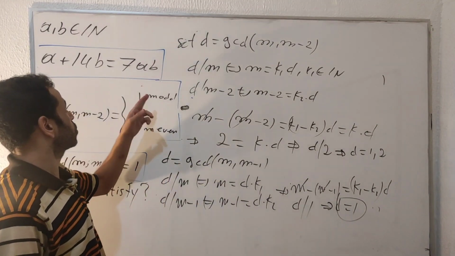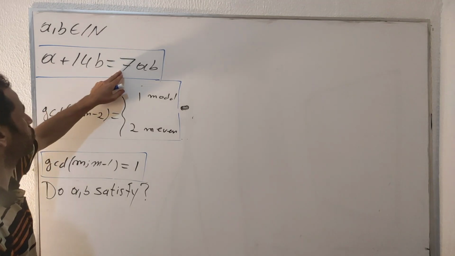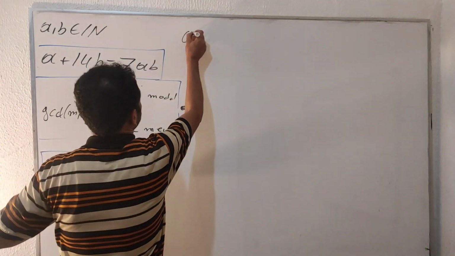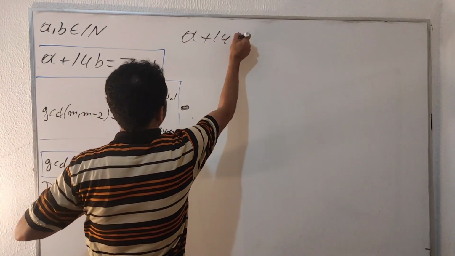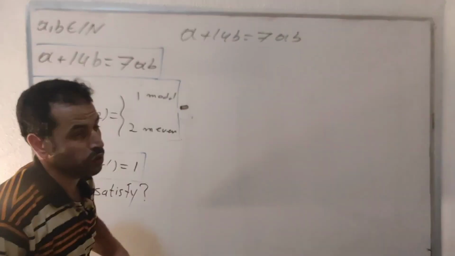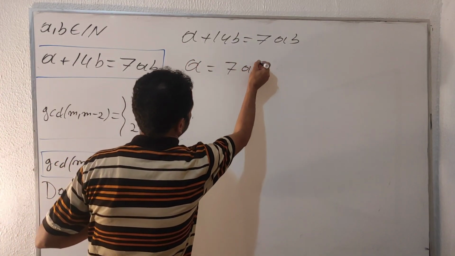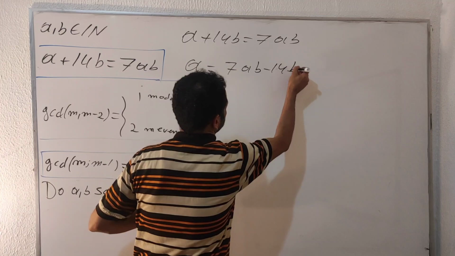Let's go to our question. First of all, we are going to solve this equation as we normally do. We get a plus 14b equals 7ab. Taking 14b to the right, I get a equals 7ab minus 14b.